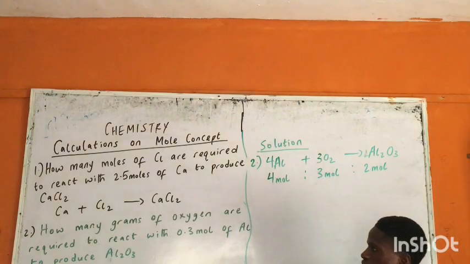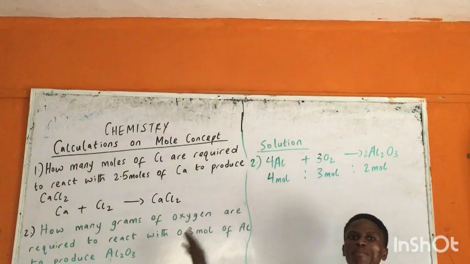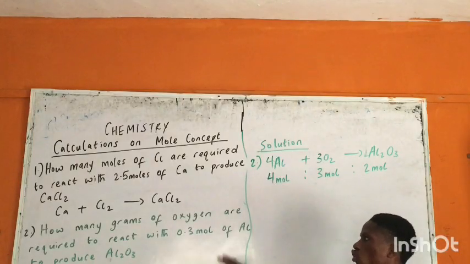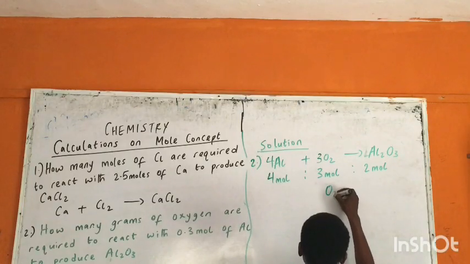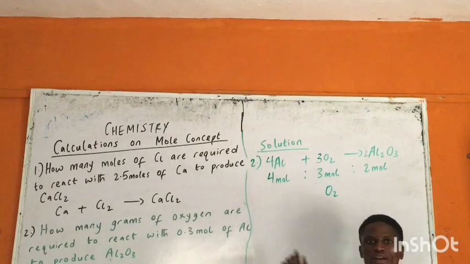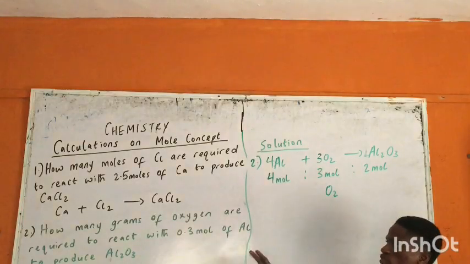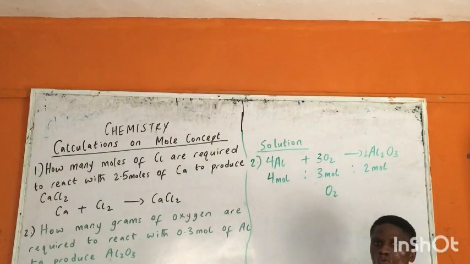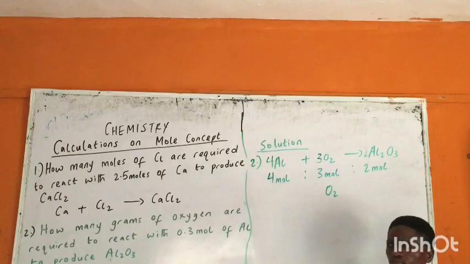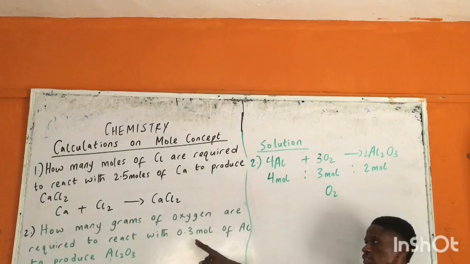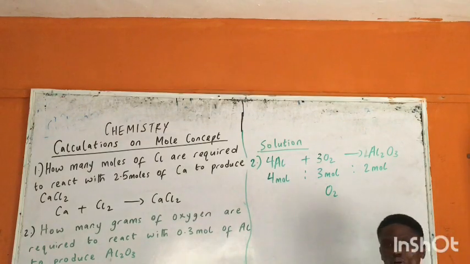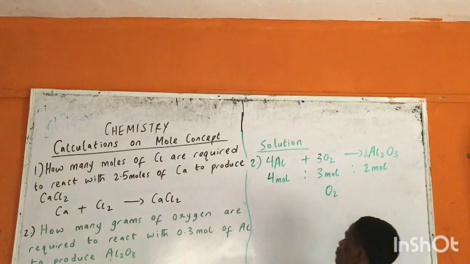Now, how many grams of oxygen? So oxygen is the first one. Are required to react with 0.3 mole of aluminium. This aluminium here is having a value, which is what? 0.3 mole. So aluminium is the second one.